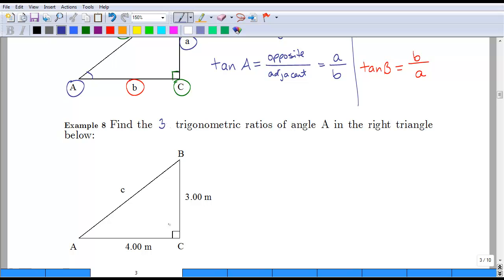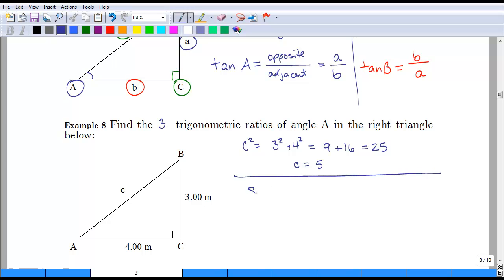Or you can use the Pythagorean theorem and say that c squared is equal to 3 squared plus 4 squared. You end up with 9 plus 16, which is 25. And then if you take the square root of both sides, you end up seeing that c is 5. So that works out with the Pythagorean triple we discussed before.